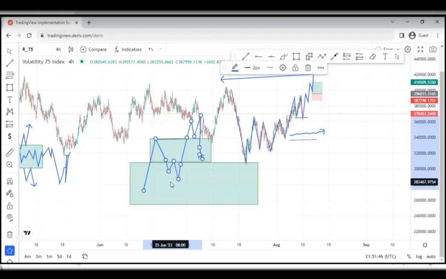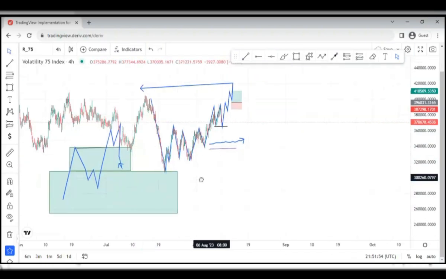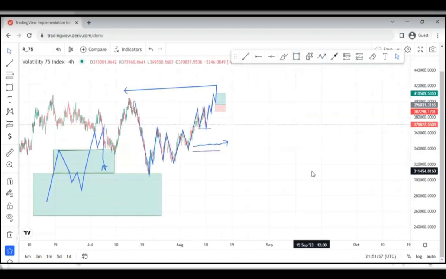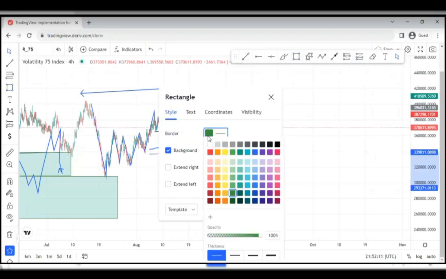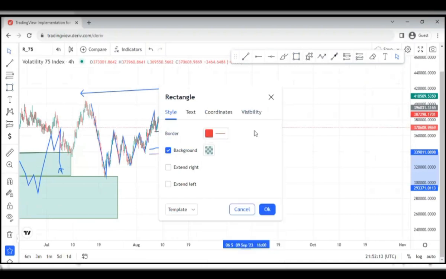Take note of one thing: don't make a mistake of taking a trade when a candlestick has not completely formed, because you can be seeing a candlestick form like this right now. Let's say a bullish candle, and then you start seeing a red candle. Let's make that red.